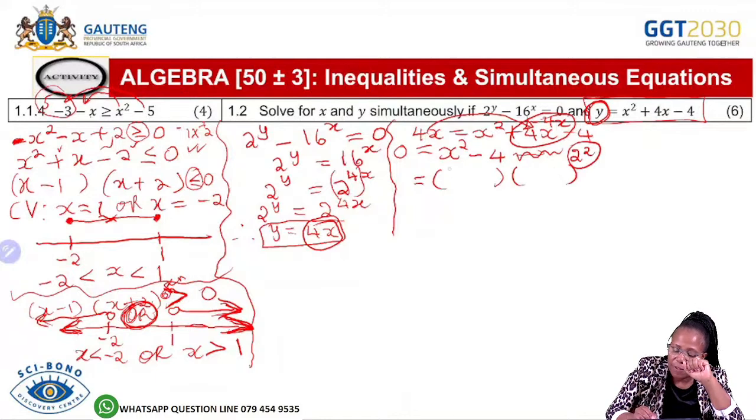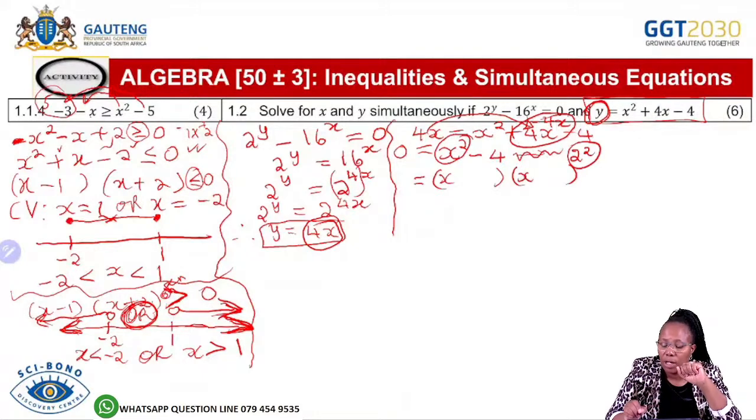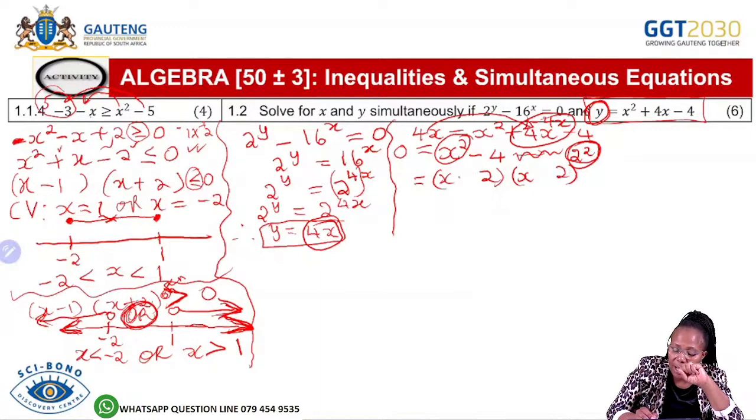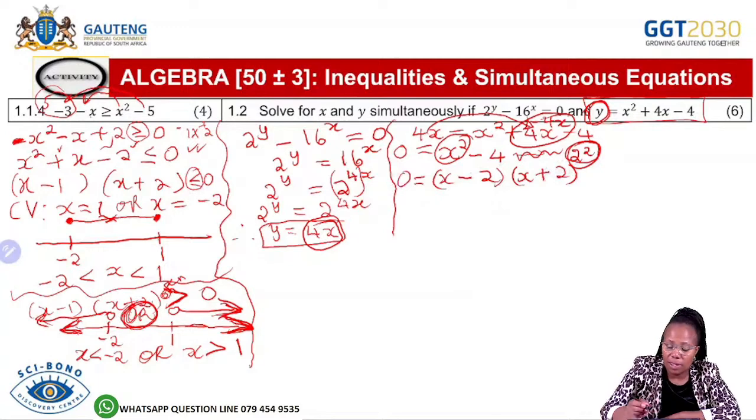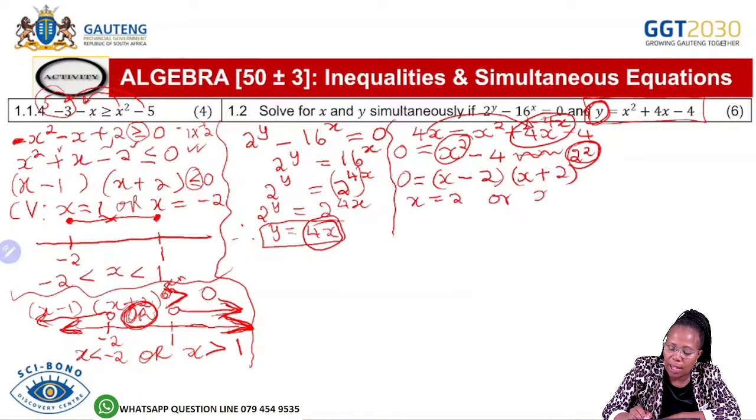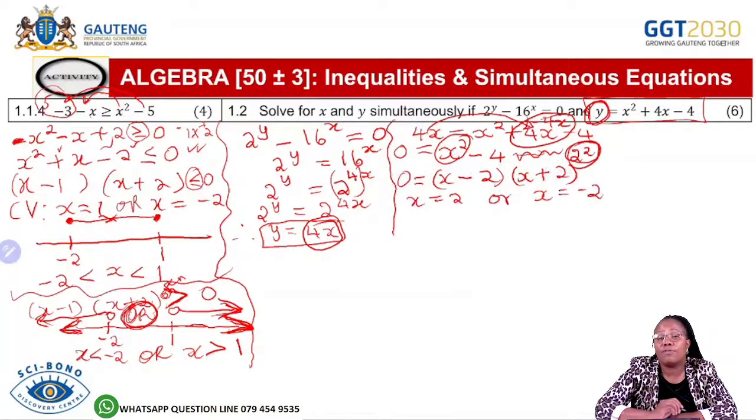Then we are having x and x here, we share it equally. X. We have 2 and 2, and then we put 2 there. And then remember, it is the same bracket with different sign. This one will be minus, that one positive. Remember, this is equal to 0. And therefore, our x will be equal to 2, or x will be equal to negative 2.